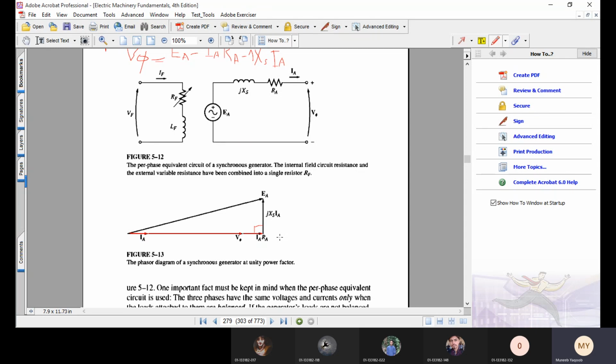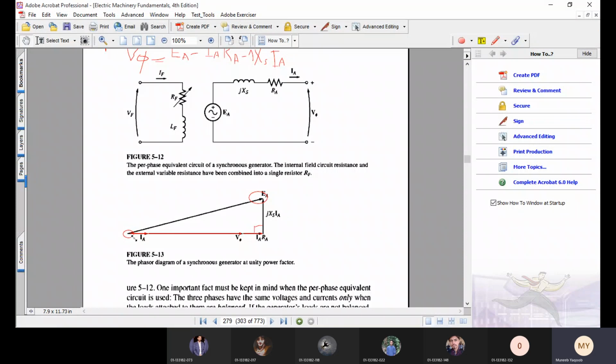According to the head to tail rule, the resultant vector must be plotted in a way that its head coincides with the head of the last vector, that is J XS IA, and its tail coincides with the tail of the first vector, that is V phi.